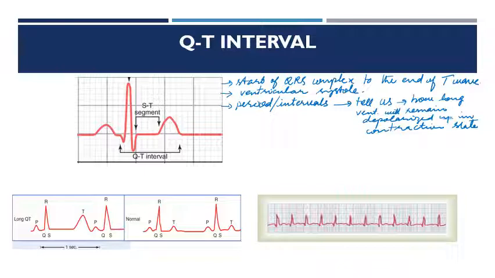The normal duration of QT interval is 0.35 seconds. The QT interval becomes prolonged as is shown in this diagram.